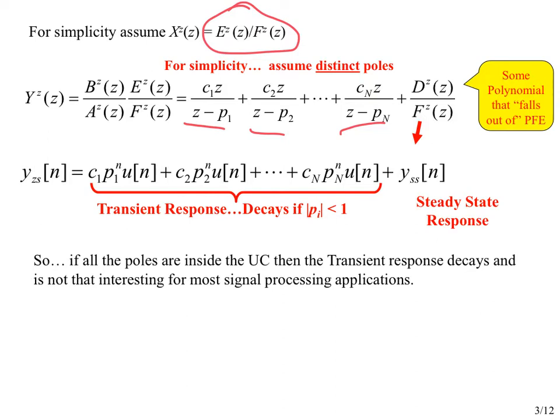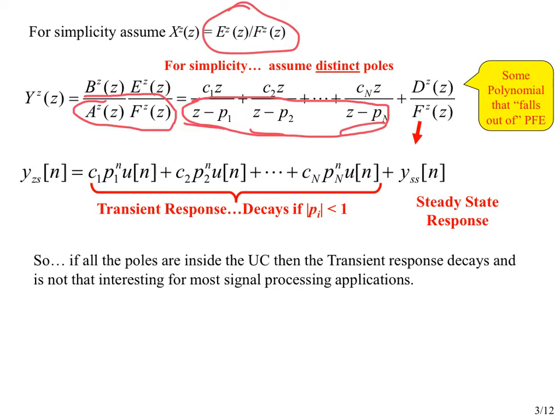So the key is that when we do a partial fraction expansion, remember we're interested in expanding it out into factors that look like this, or that come from A and F. So these are all the factors that make up A. Those are the factors of the so-called characteristic polynomial A of z, which is the denominator of the transfer function.